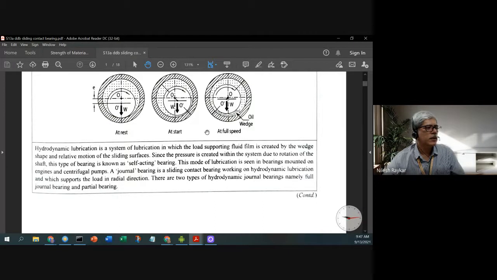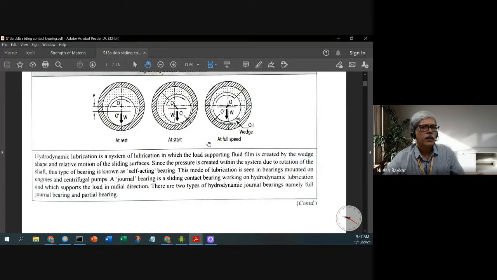This particular phenomenon of how the bearing works is explained in this diagram. What you see here are three stages. In the initial stage, there is metal to metal contact in the hydrodynamic bearing. As the speed increases, the journal slowly rides over the sleeve, and at the same time more oil gets sucked into the gap between the shaft and the sleeve.